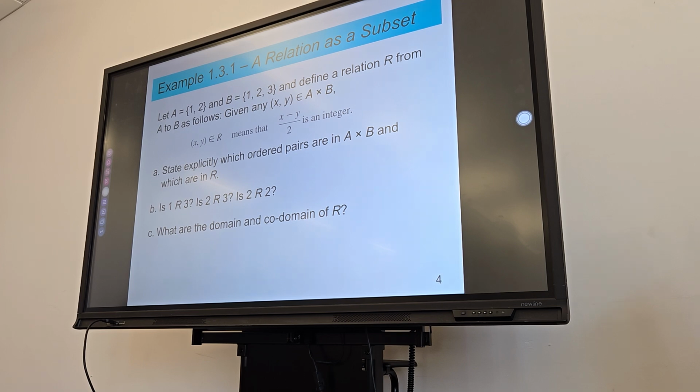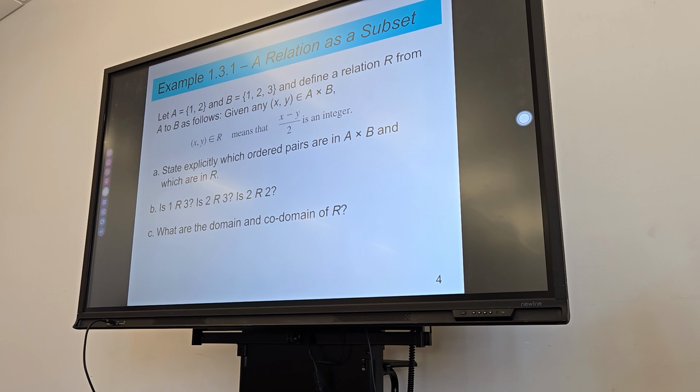So A and B, defined there, form a relation from A to B as follows. Given any (x, y) as an element of the Cartesian product of A and B, (x, y) is an element of R would mean that (x − y)/2 is an integer.